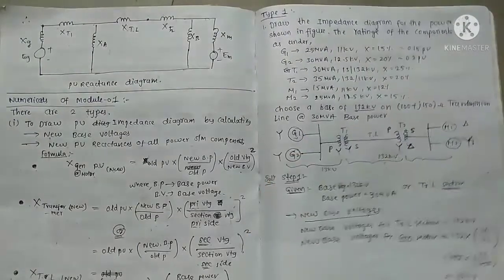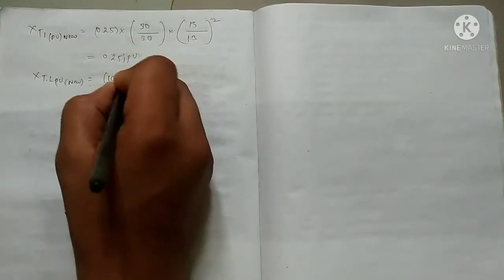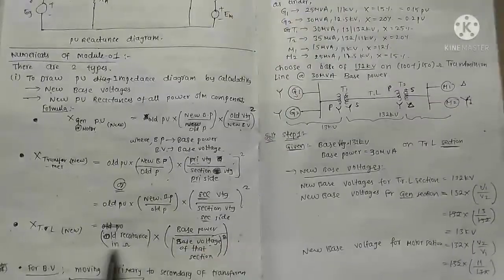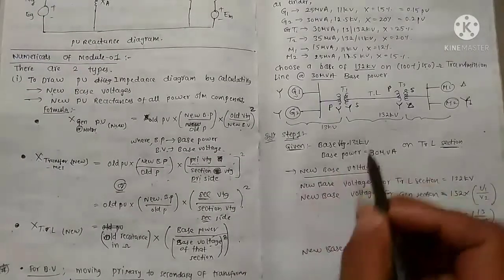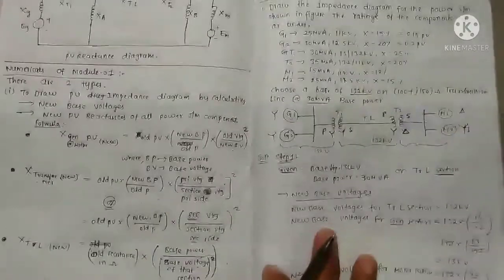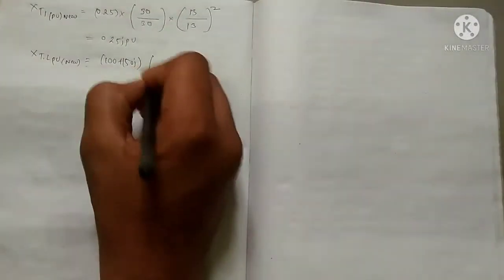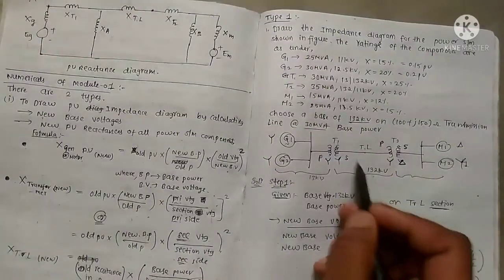Here is the formula for calculating the transmission line: old reactance in ohms multiplied by new base power, divided by new base voltage, whole square. New base power, that is common for every component, 30, divided by base voltage of that section, whole square.